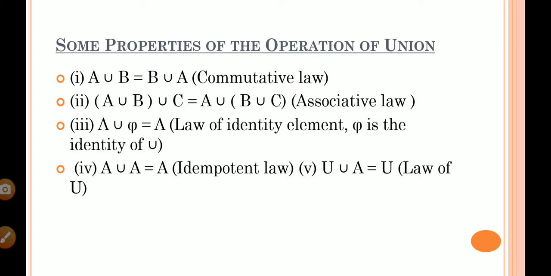In the associative law, you get three sets: (A ∪ B) ∪ C equals A ∪ (B ∪ C). Idempotent law: A ∪ A equals A, you get the same set A. U ∪ A: U is the universal set. U ∪ A gives you the universal set itself. It is called the law of U.